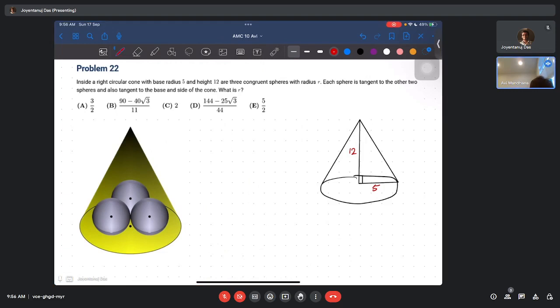So wouldn't that triangle be inscribed in the circle in the base? Yes, if you see from an overview, a top view of this thing, the triangle will be inscribed in the base. That is fine.